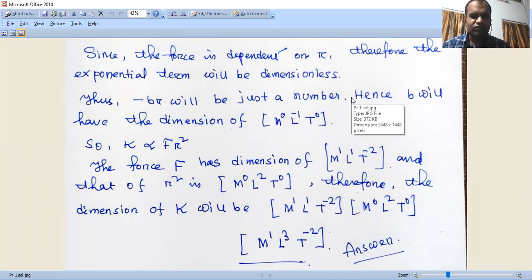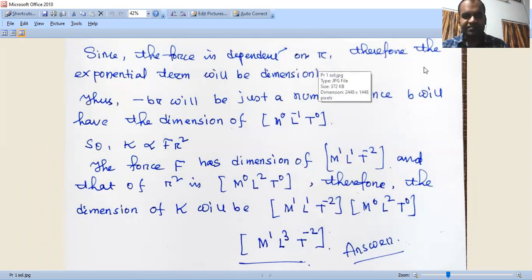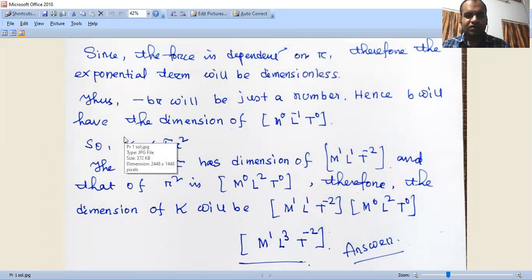It is given to us that the force F is dependent on R, the distance. Therefore, the exponential term should be dimensionless. What was that exponential term? It was e to the power minus BR, and of course we have the constant quantity K divided by R square.